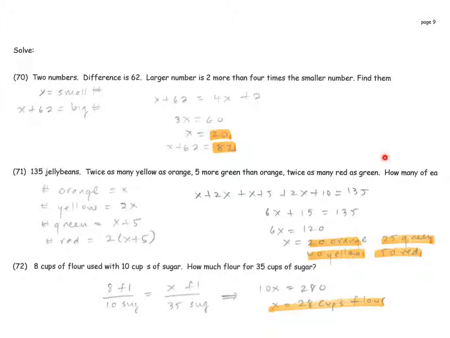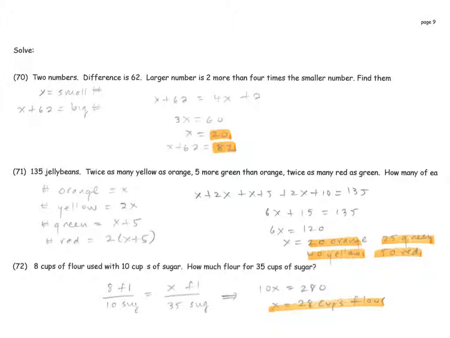And again, in the last phrase, they mention green later. That means I'm going to make red from green. If green is x plus 5 and you make red by doing twice, I did 2 times x plus 5.